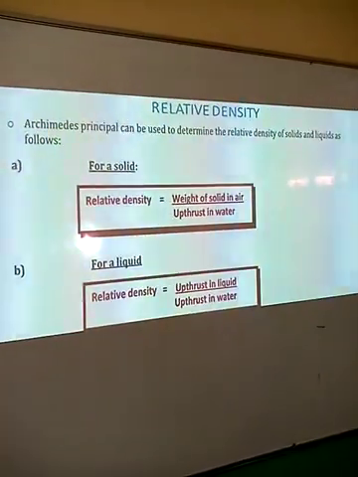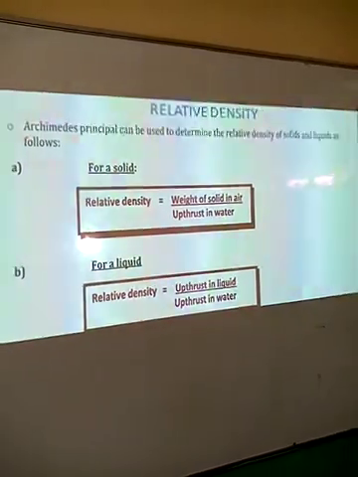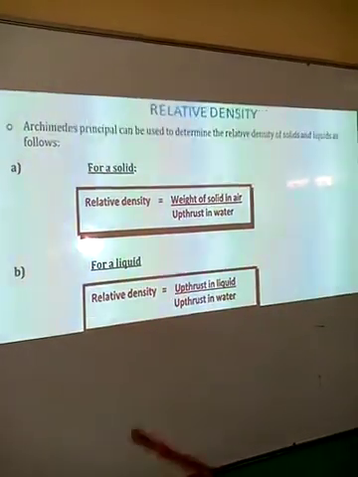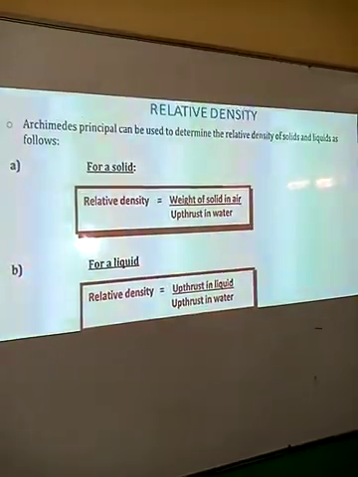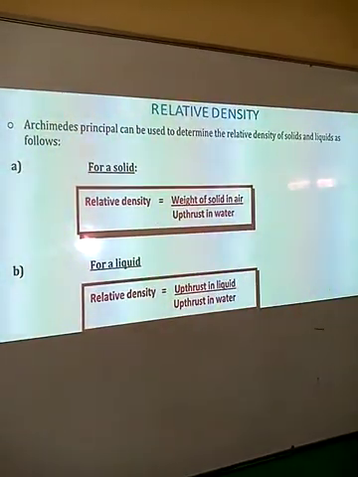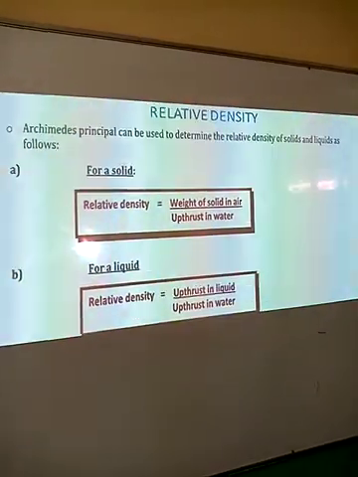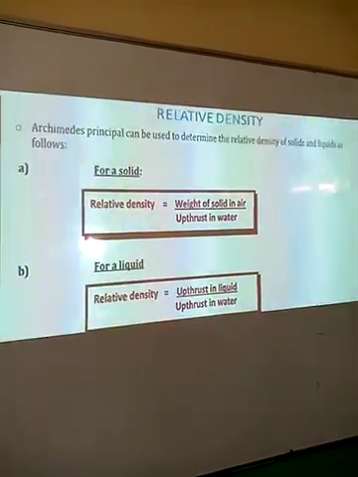Now, according to Archimedes' principle, relative density of liquids and solids can be calculated using various formulas, but the most important or common formula that we use for a solid: relative density of a solid is the weight of the solid in air, which is just the same as its actual weight, divided by upthrust in water.